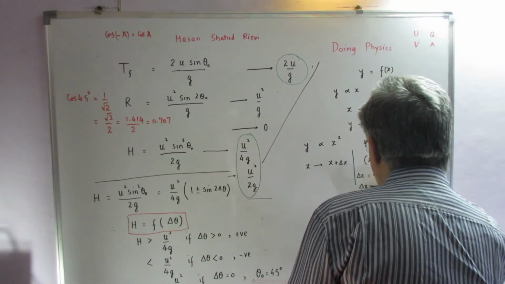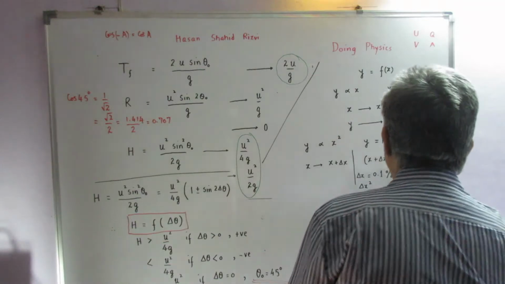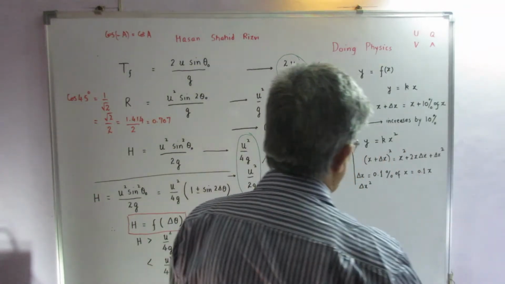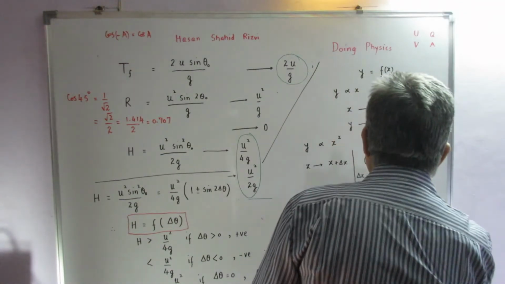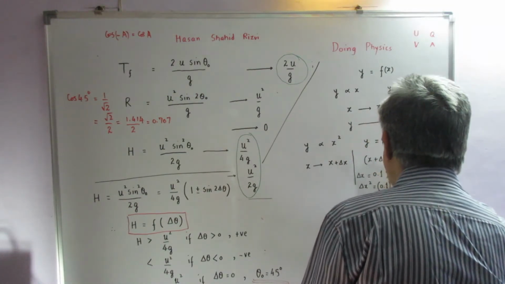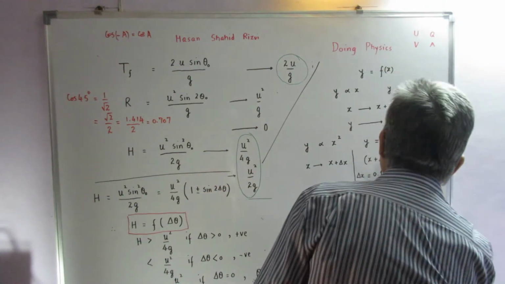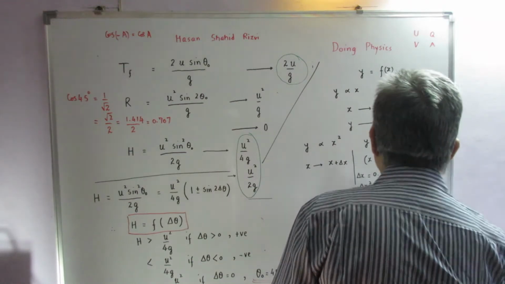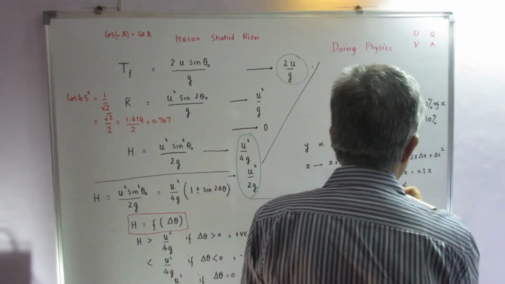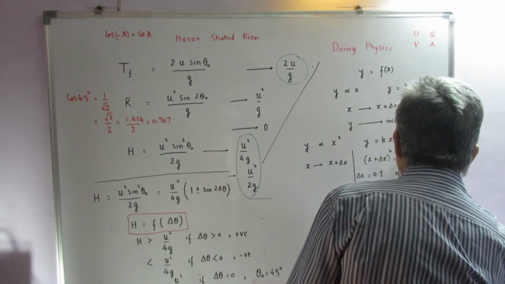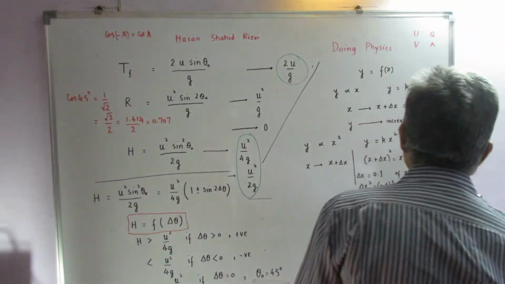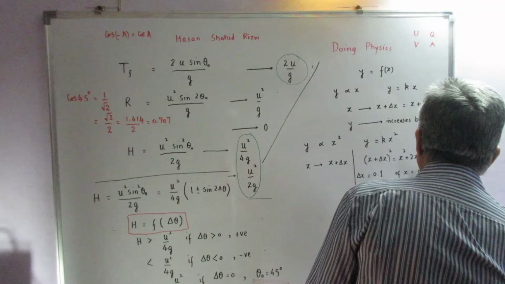Delta x is 0.1 into x, so delta x square will become 0.1 squared, which is 0.01 into x square.